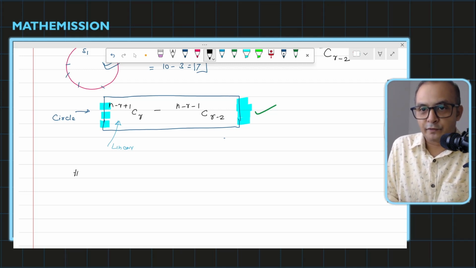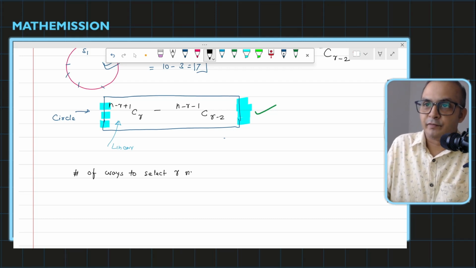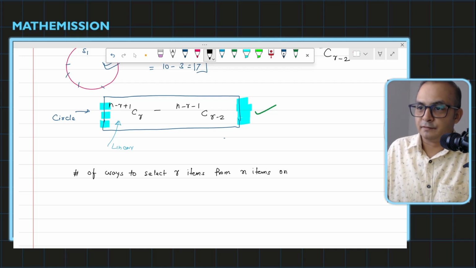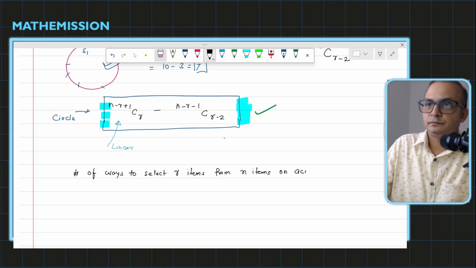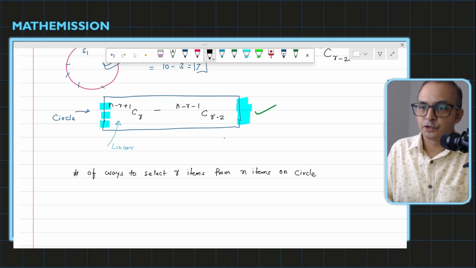So the number of ways to select r non-consecutive items from n items on a circle so that no two are consecutive.